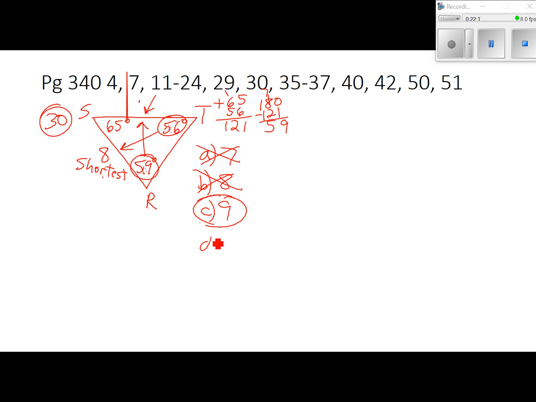And then D says 10. Well, we're not sure exactly how much it is, but we know it has to be bigger than 8, bigger than this side. So 9 and 10 are the two answers. It said select all answers that apply.